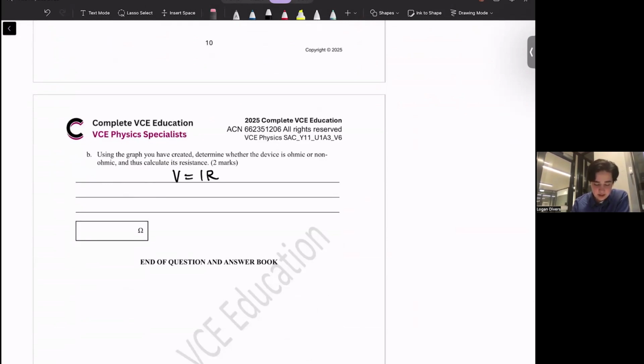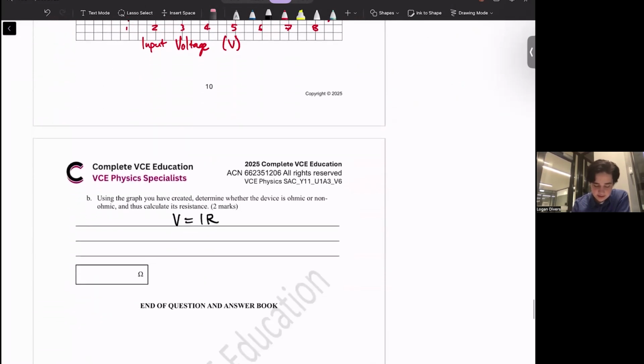Now, in this case, this one's actually a bit interesting because we can swap it around and say that I equals V on R. This is going to get a bit mathematical here. But this is essentially a linear relationship. If we look at this as y equals mx, here there's no plus c.